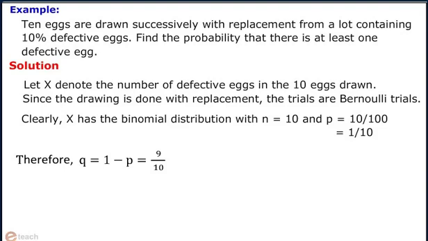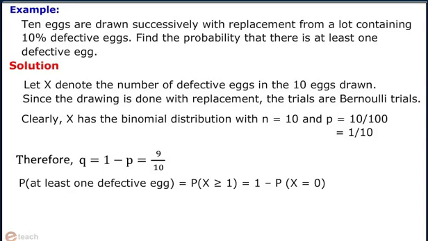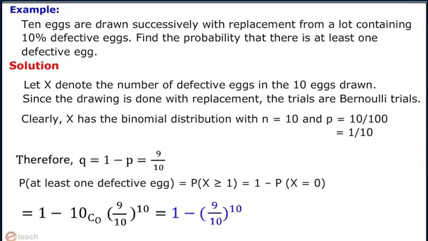Therefore, q is equal to 1 minus p, that is 9 by 10. Now, the probability of at least one defective egg is equal to the probability of X greater than or equal to 1. That is equal to 1 minus the probability of X equal to 0. So, we get it as 1 minus 10C0 into 9 by 10 whole to the power 10, that is equal to 1 minus 9 by 10 to the power 10.